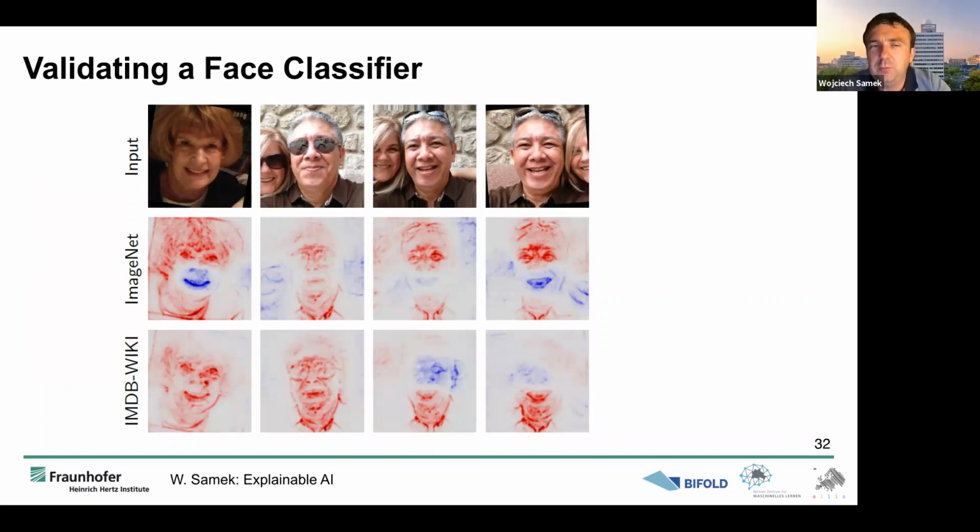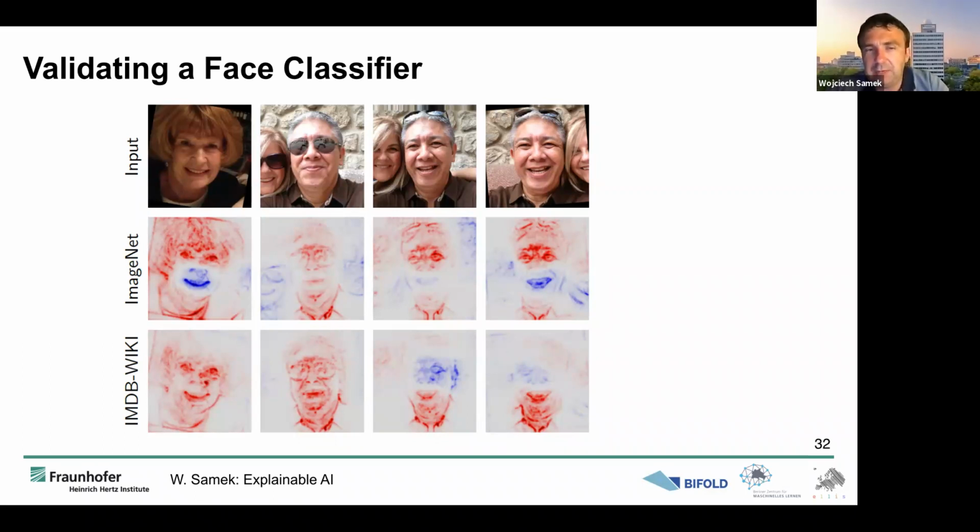We trained two. For one, we used a pre-trained neural network, pre-trained on ImageNet, which is a generic image database. And we also pre-trained one classifier on IMDB-Wiki, which is a large data set of faces. And the ImageNet classifier had the problem, for example, for this lady.